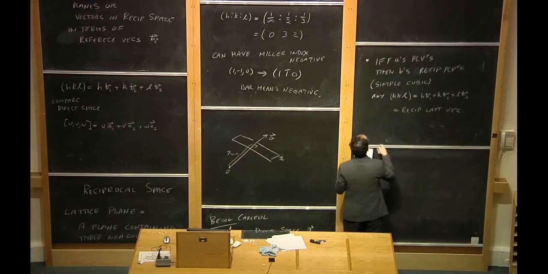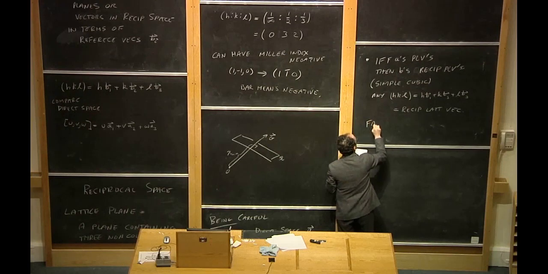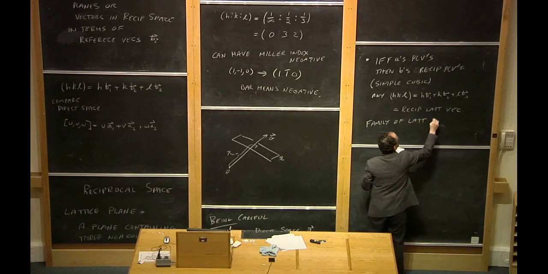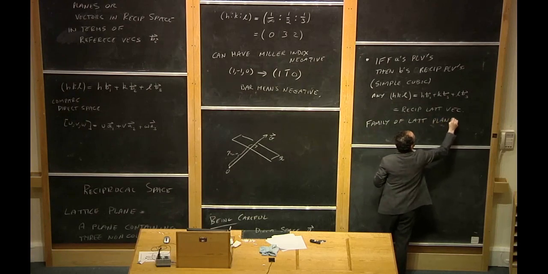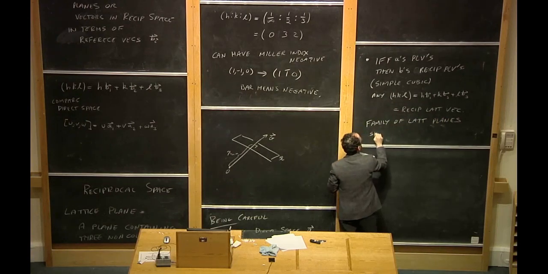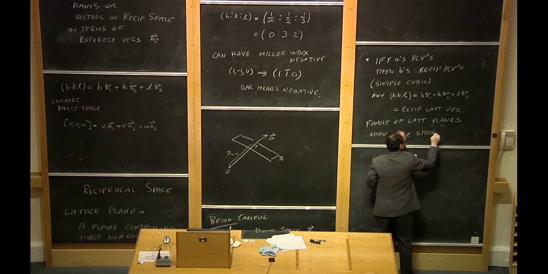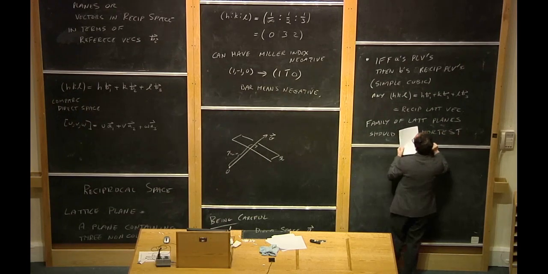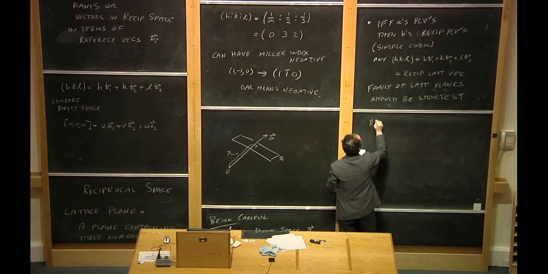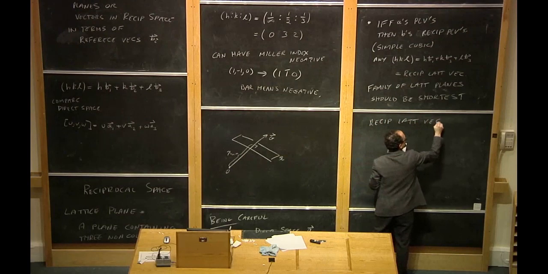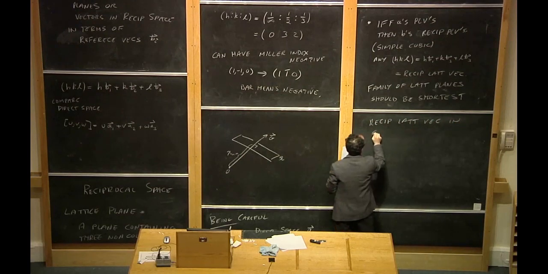If we want a family of lattice planes, we should choose the shortest reciprocal lattice vector in a given direction.